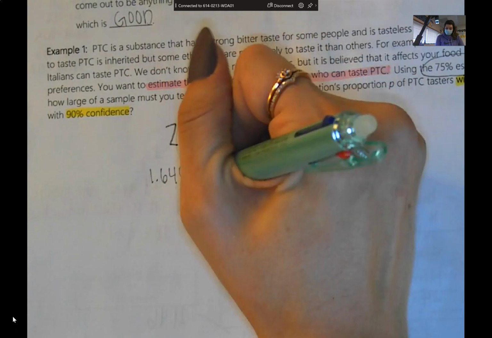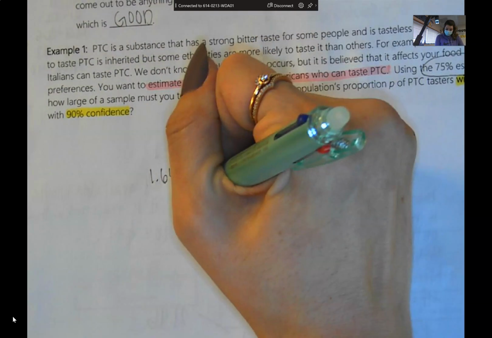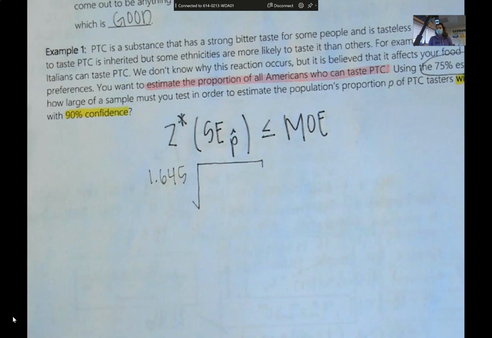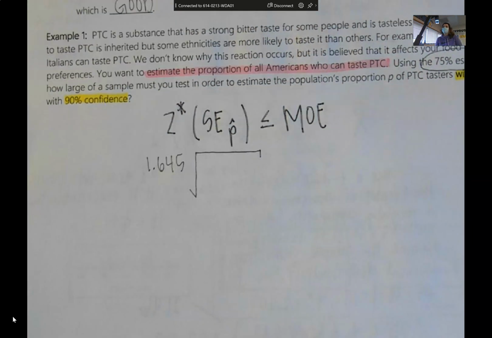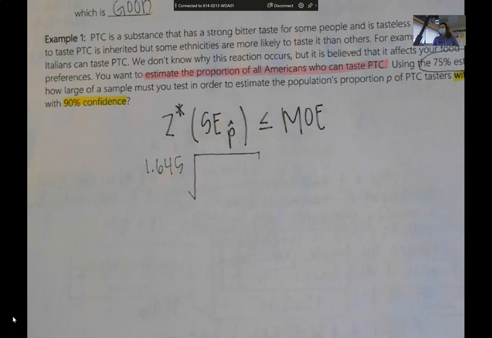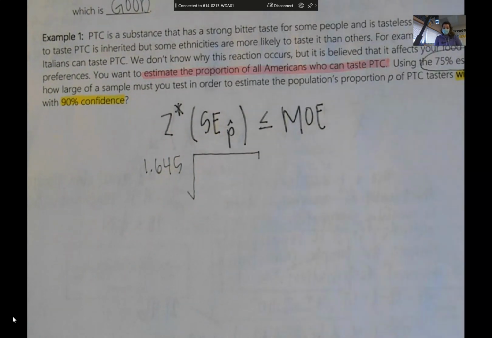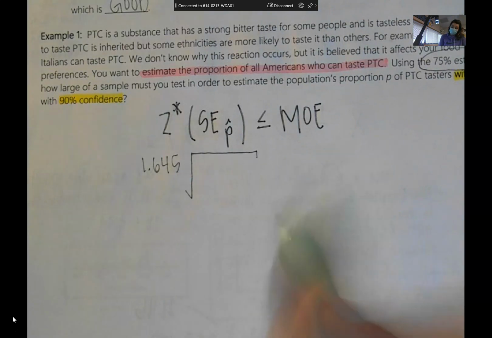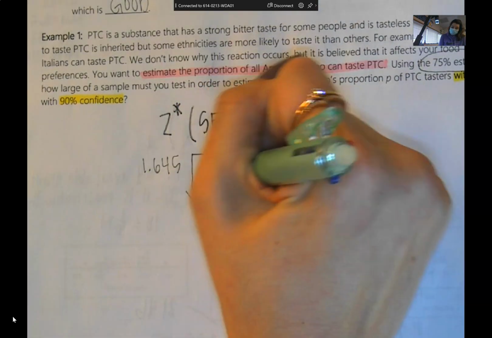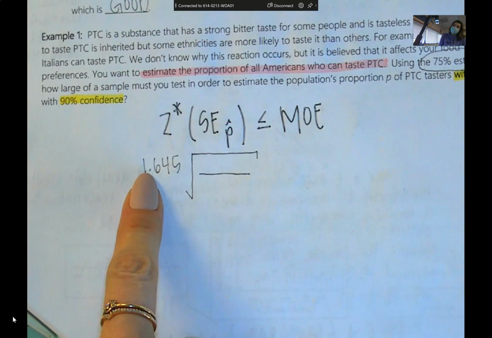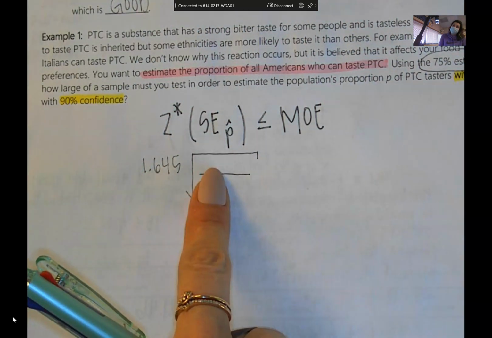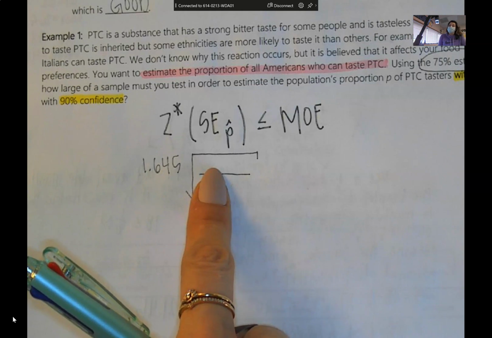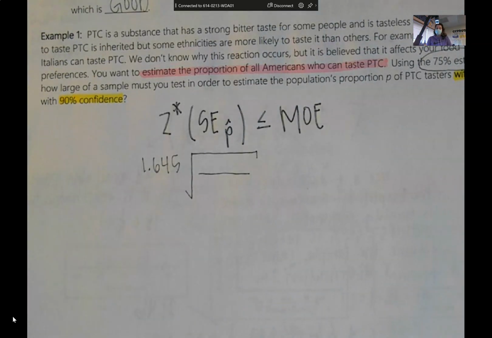The standard error of p hat is this big old fraction. It's a little thing, but I'm making this radical so big so that my critical value is lined up with the numerator in my standard error. I'll explain why after we fill it in.